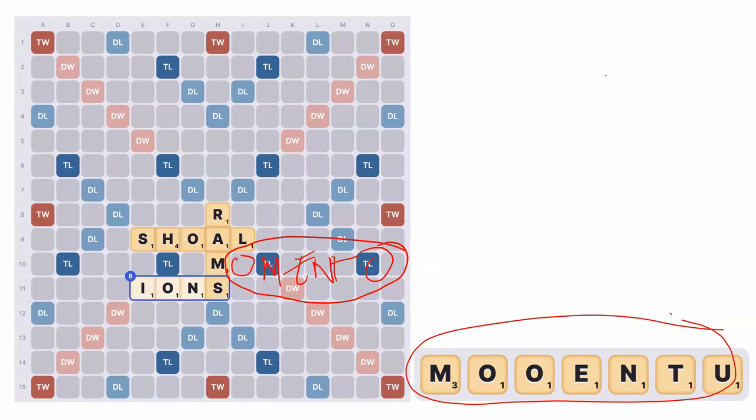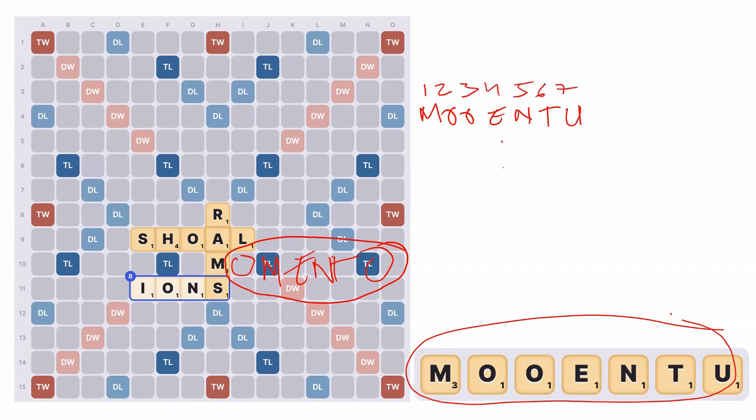So one possible design is that you take each of these letters. So you take M, O, O, E, N, T, and U. So that is 1, 2, 3, 4, 5, 6, and 7.